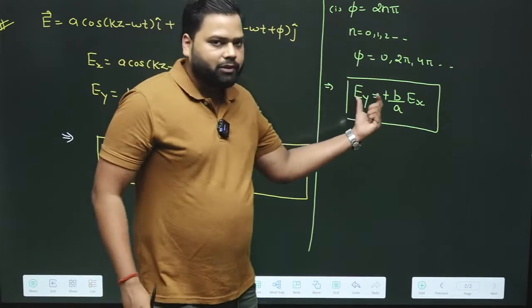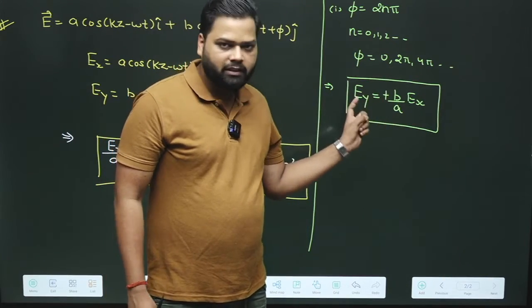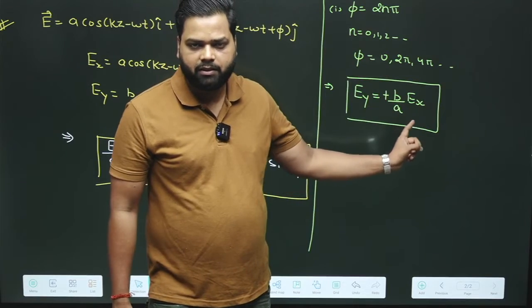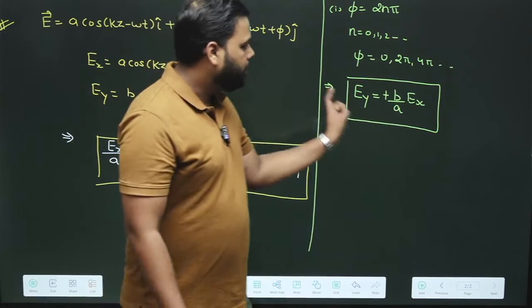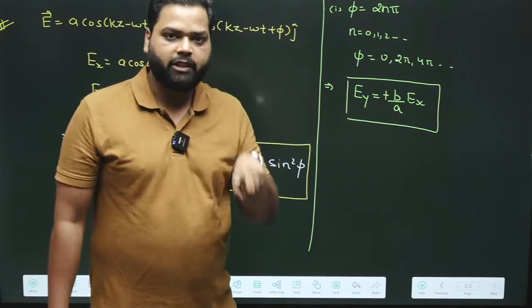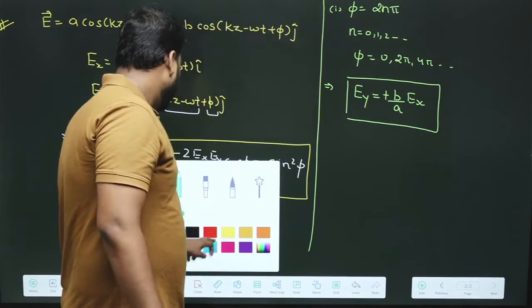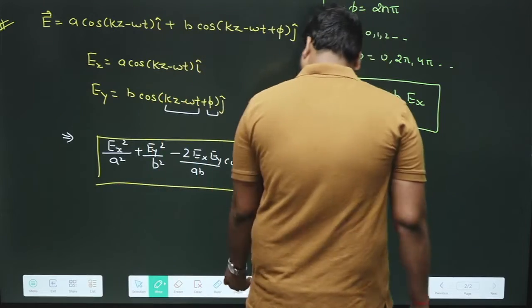Just look at this equation. Is it a straight line equation, right? Y is equal to mx plus c form. So if this is a straight line equation, that's for sure that the tip of the electric field is going to span in a straight line, which I told you in the last video, like this. Just look at here.